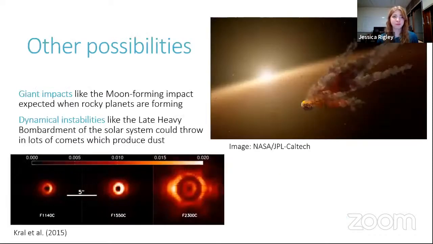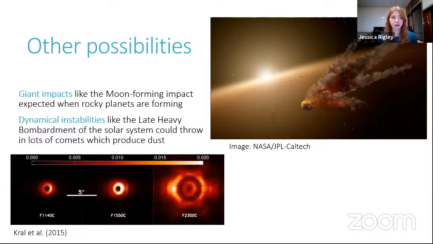And then this is just a couple of other possibilities. So two other possibilities for what's going on. The first one is giant impacts. So you might have heard the story of how we think the moon formed.